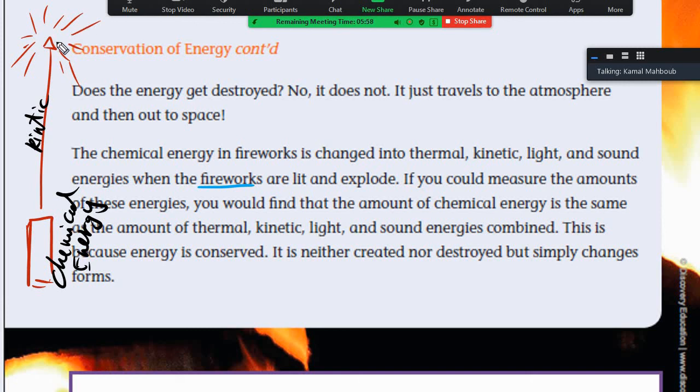This kinetic energy gives sound energy and light energy. Can you see that? We have a change of form from one to another.